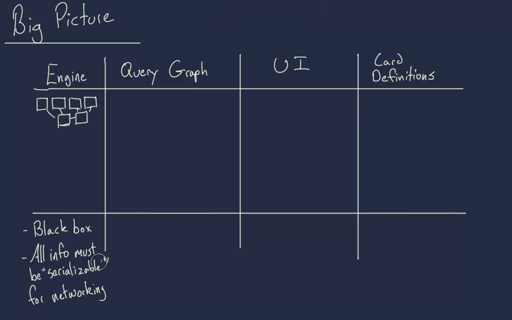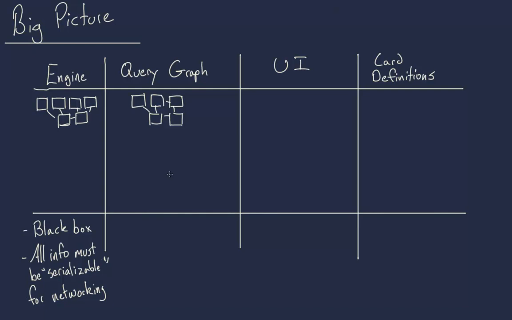All right. So yes, the engine is just that. The query graph is also very important. The query graph is just going to be another group of classes that have their own little relationships. But the interesting thing about the query graph is it's not going to have any behavior inside of it. If you hadn't noticed, my idea of classes that have relationships is just a bunch of boxes with lines connecting them.